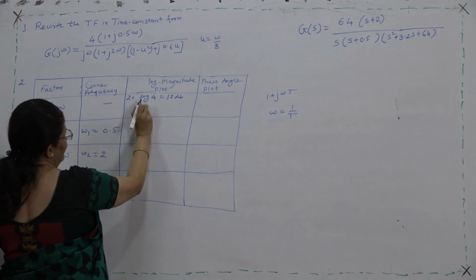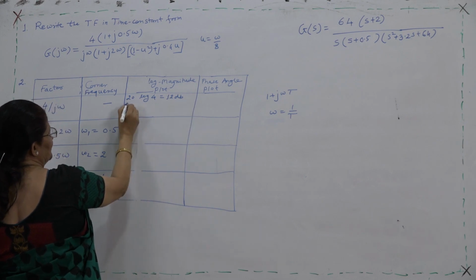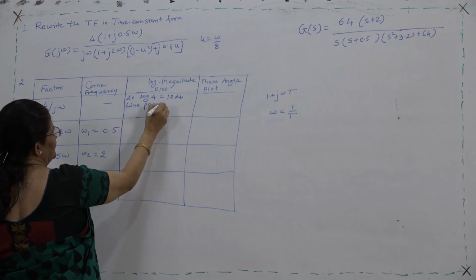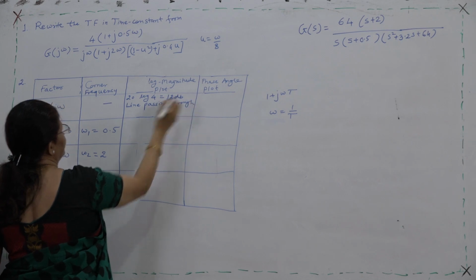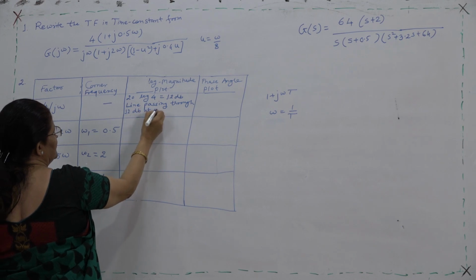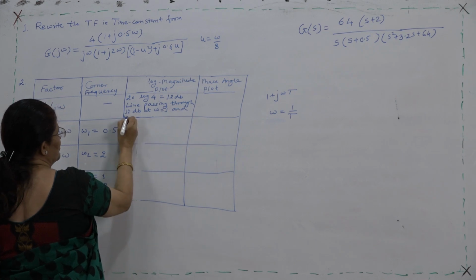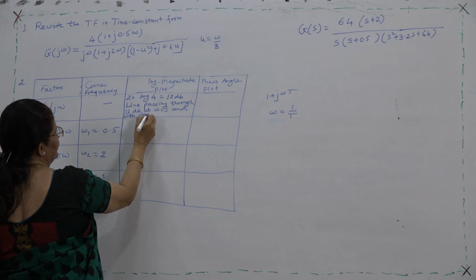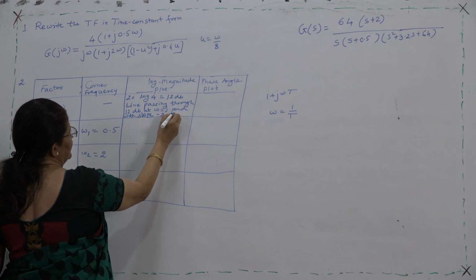Line passing through 12 dB at omega is equal to 1 and with slope minus 20 dB per decade.